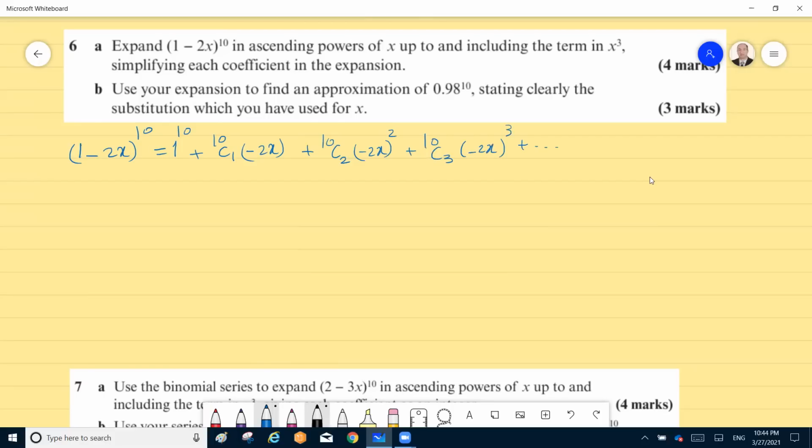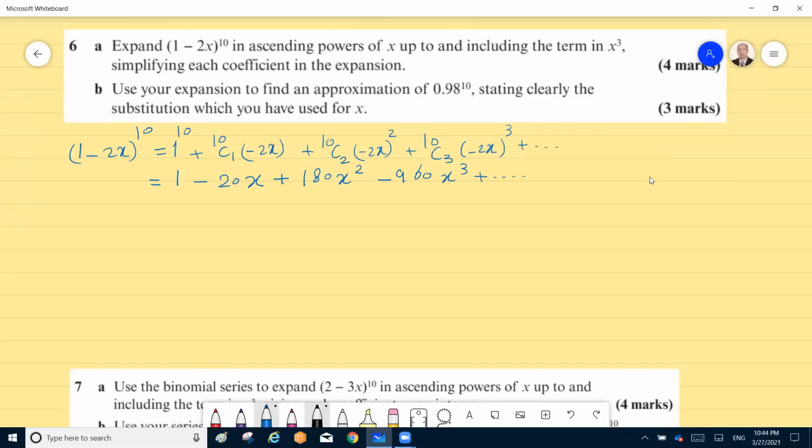That's enough. The answer in number 6 is 1 minus 20x. You can use a calculator directly: just write 10C1 times negative 2 and it gives you the value. Negative 20x plus 180x squared minus 960x to the power of 3, and so on.